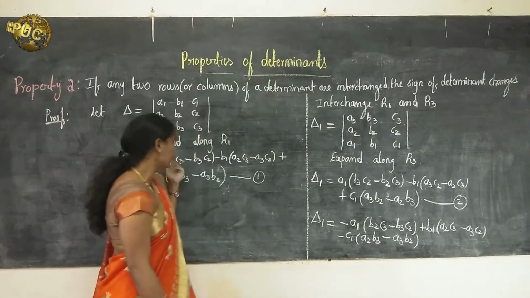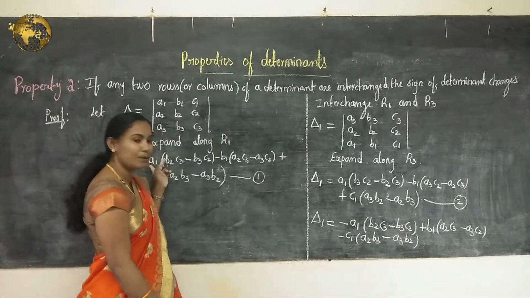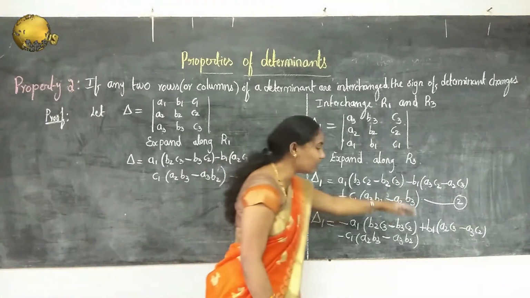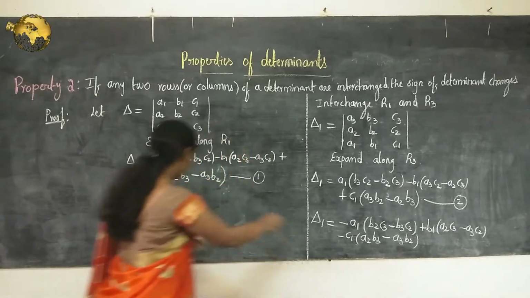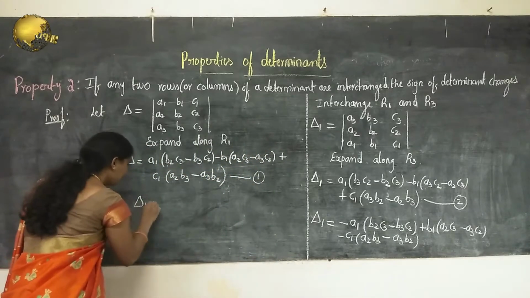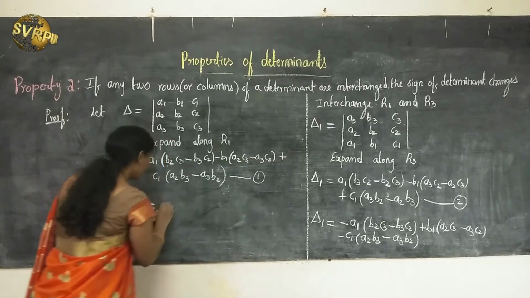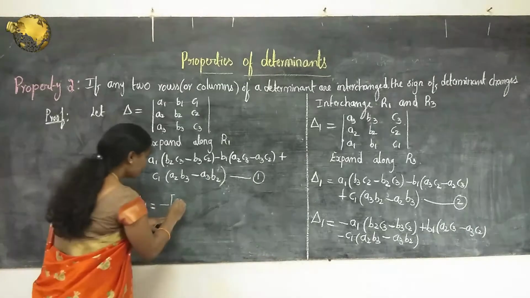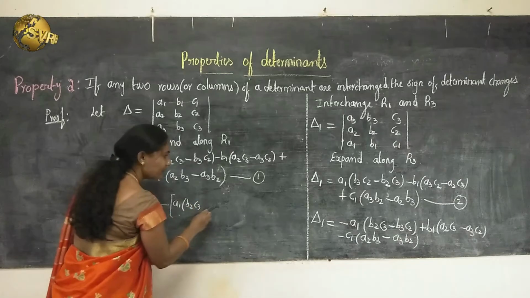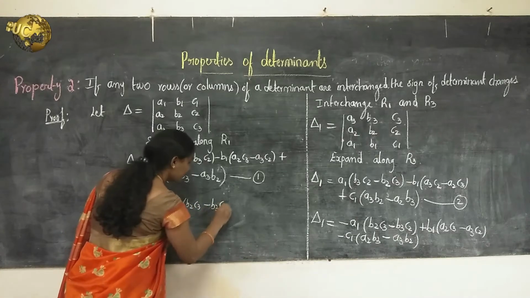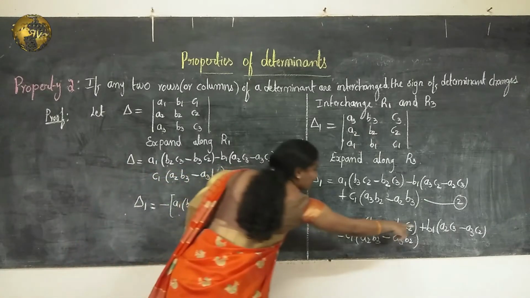Now observe here, the first value is positive. If I take minus out from all the three, let me see what we get. I'll write here, delta 1 is equal to, so I'll take all minus out from those three. That becomes A1 into (B2 C3 minus B3 C2). See here, plus is there.